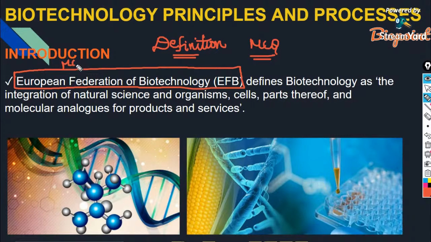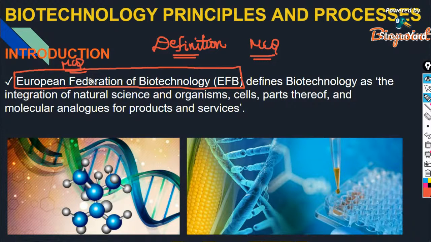This is a very important MCQ. It defines biotechnology as the integration of natural science and organisms, cells, and parts thereof, and molecular analogs, for products and services.